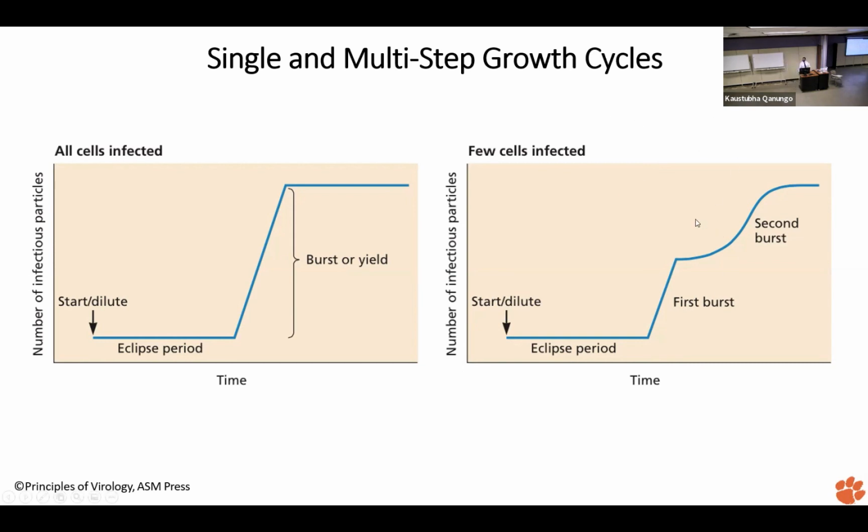Just remember that these are important quiz questions. Think about that. If you have a larger number, say 1,000 cells, and you put in 100 virus particles at a 10:1 ratio, you are going to infect all of them. But if you take 1 million cells and 2 virus particles, you are going to see a multi-step growth curve.